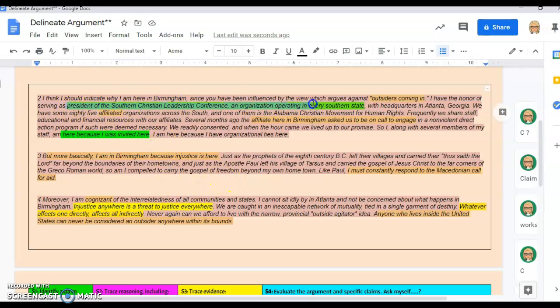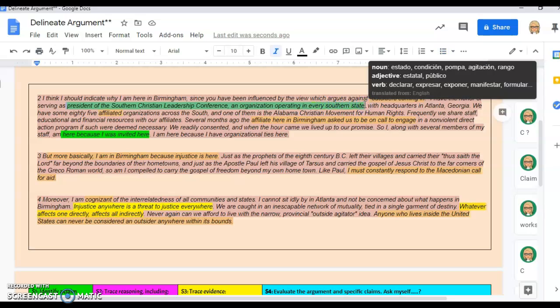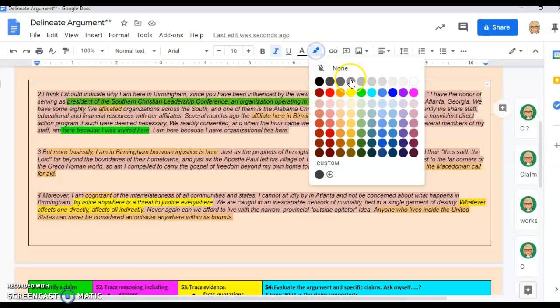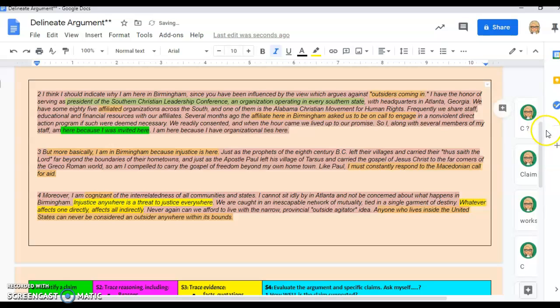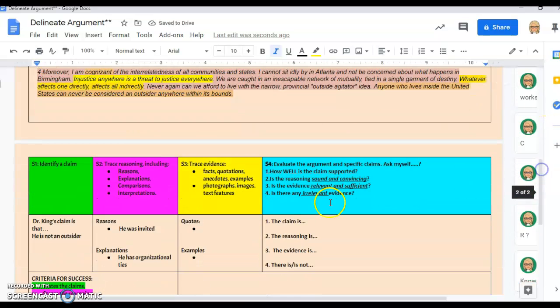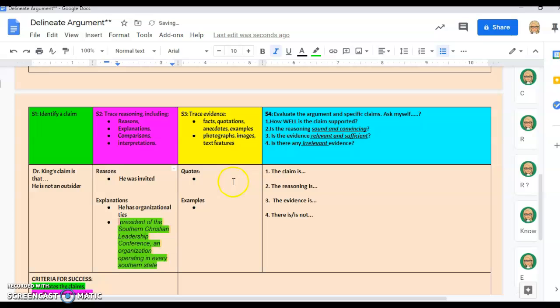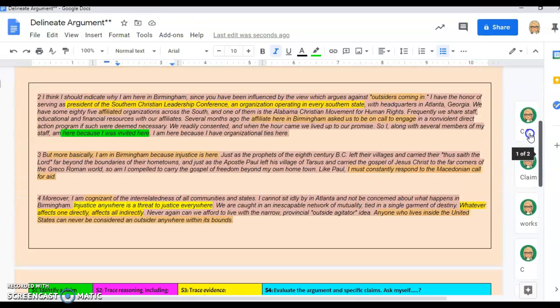He's the president of the Southern Christian Leadership Conference for the Southern States. So let's change that to yellow, because that seems pretty factual to me. That's some evidence that we can prove. So we'll just add that here.